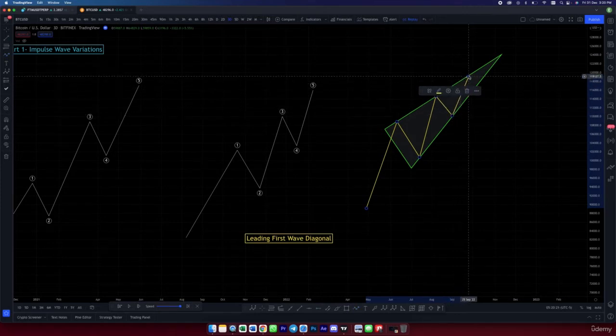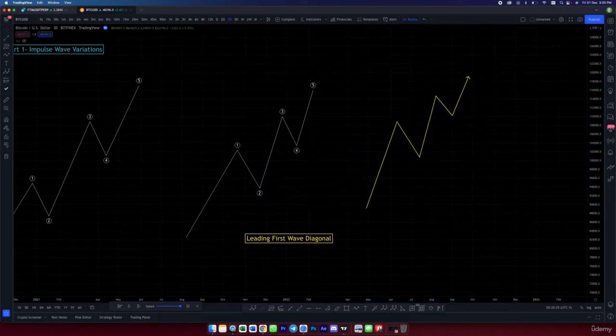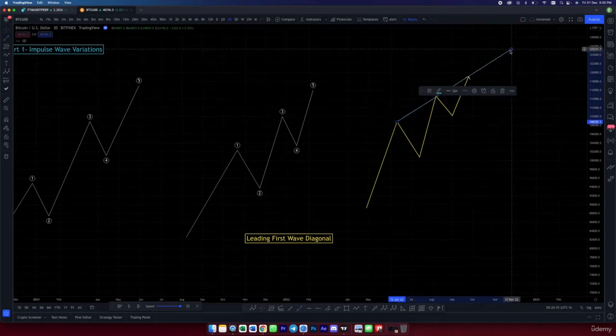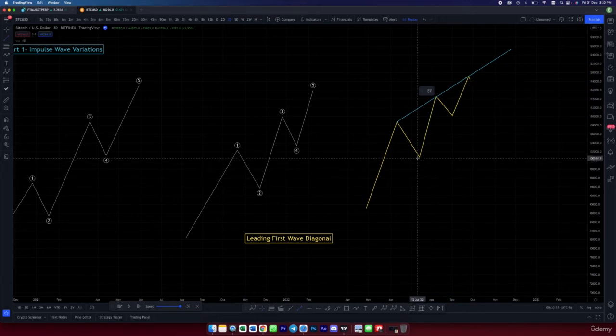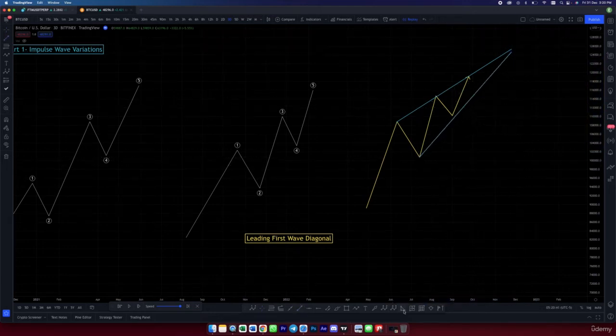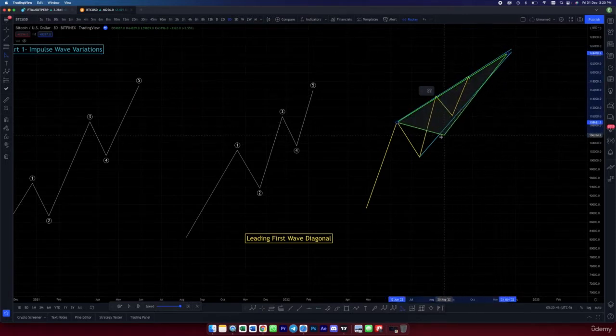How is the pattern formed? You will see these waves on the chart, and when you combine the highs, this high and this high, and you combine the lows, this low and this low, what you will get is a rising wedge, something like this.